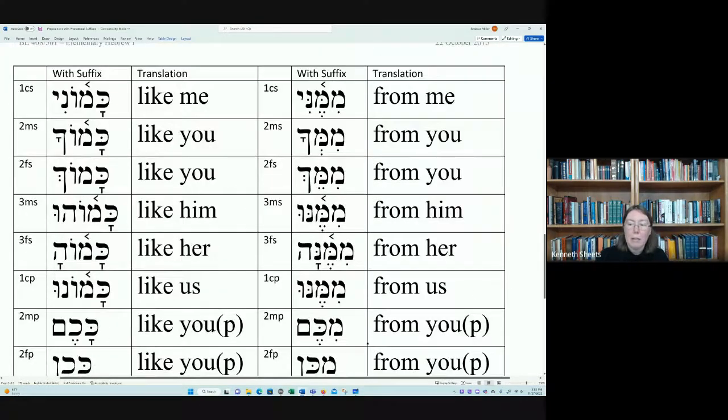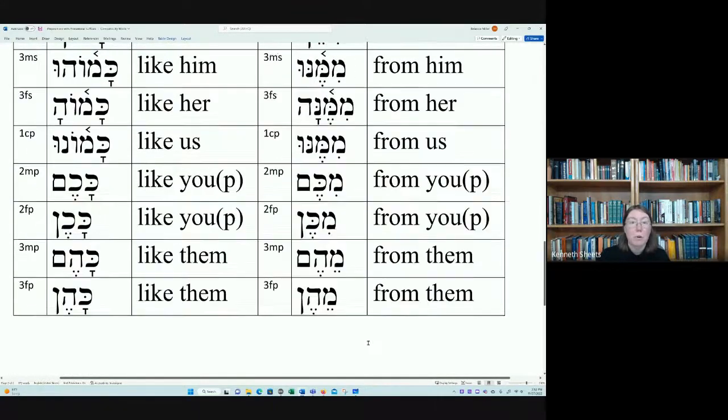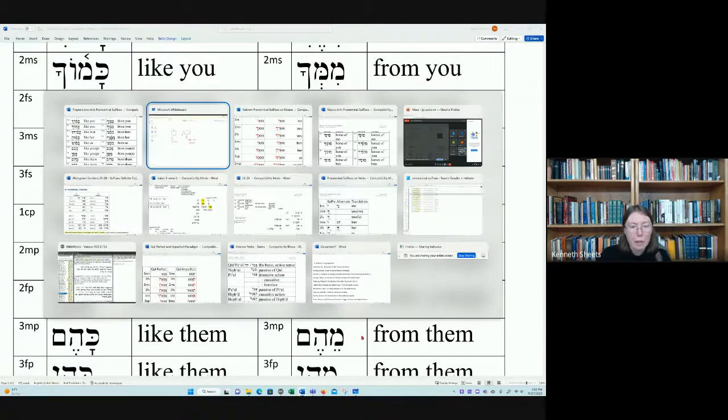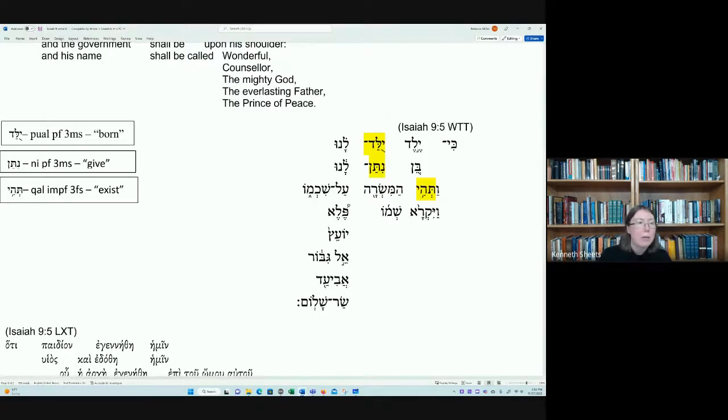So these are basically the forms of these pronominal suffixes on prepositions, and you can see some of the differences that occur.